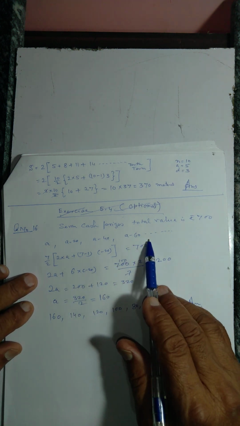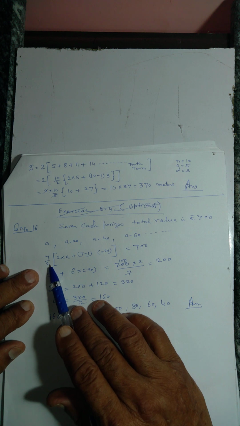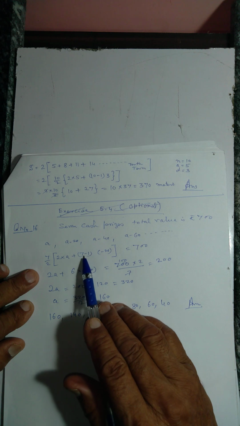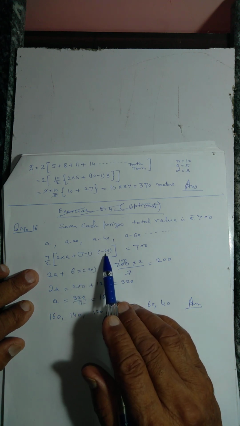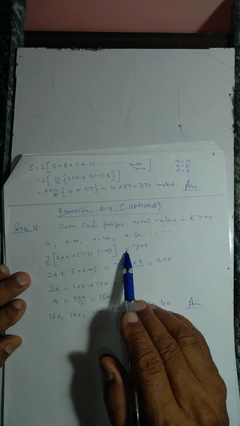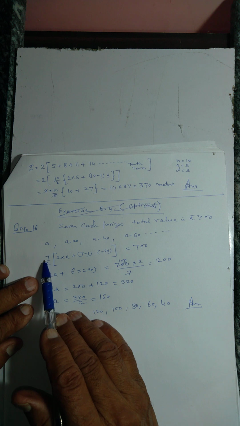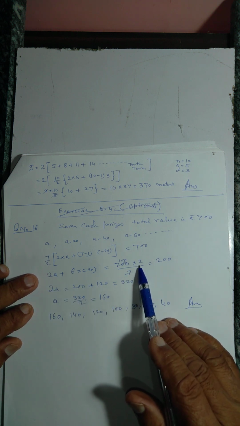So up to the 7th place, the sum is 7/2 times inside the bracket 2 × A + (7 - 1) × (-20), that is the common difference, and it should be equal to 700. So I have taken this 7/2 to the right hand side, so it will be inverted.